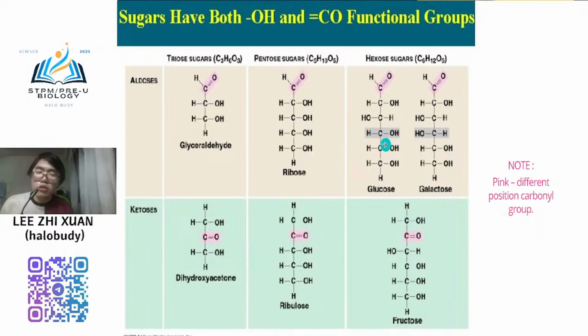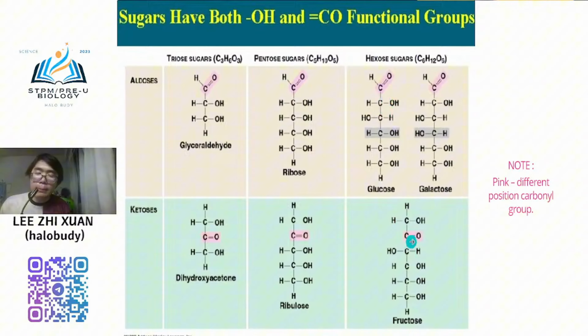For glucose, the hydroxyl group is on the right hand side, but for galactose it is on the left hand side. The locations of the hydroxyl group are different. But from there to fructose, the main difference is the carbonyl group. The carbonyl group is at carbon number 2. Here, carbon number 1 has already formed the carbonyl.